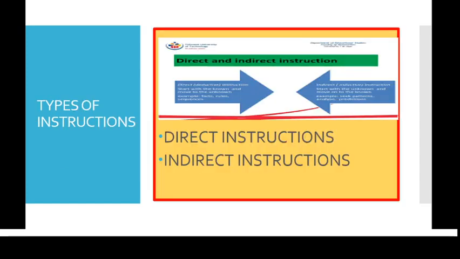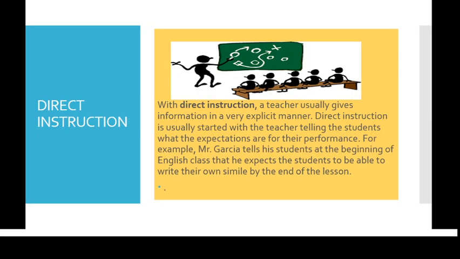Now the types of instructions. We have two types of instructions, direct instruction and indirect instruction. What actually is meant by direct instruction? In direct instruction, a teacher usually gives information in a very explicit manner.